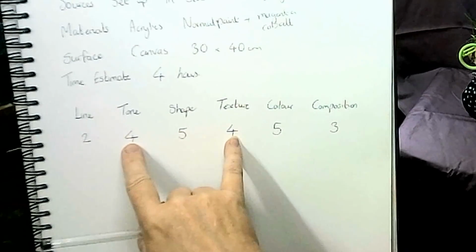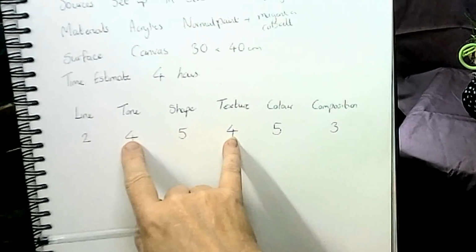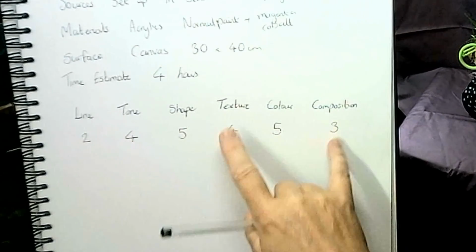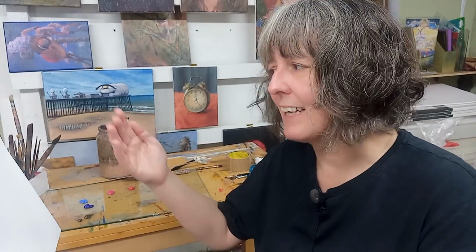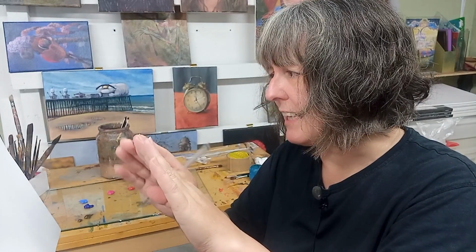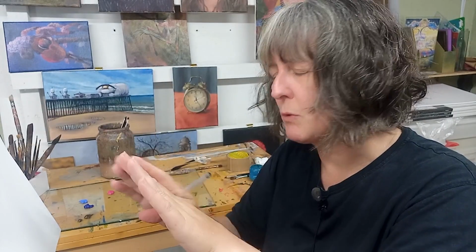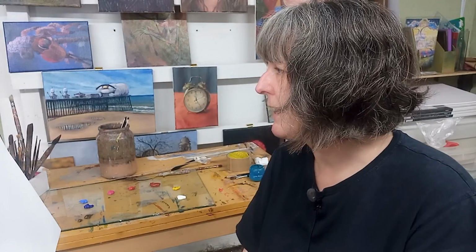Tone and texture, yeah, they're going to be really important to make sure this works. Composition is very simple. Don't have to worry too much about line. Again, it's just that the edges of things where the transition between one surface and another, they're the only lines I really need. They're important, but they're not like one of the main features.